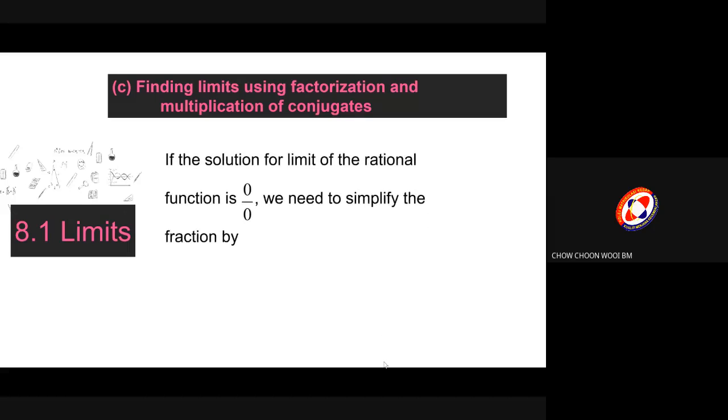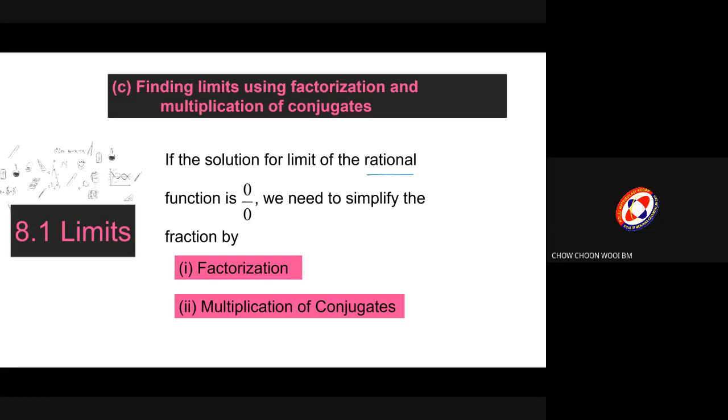So, finding the limits using the factorizations and multiplications of conjugates. Yang ni selalu dalam exam pelajar buat mistake. So if the solution for the limit of the rational functions is 0/0, rational ini maksudnya pecahan, or normally we call it fractions, we need to simplify the fractions by factorizations atau multiplications of conjugates.